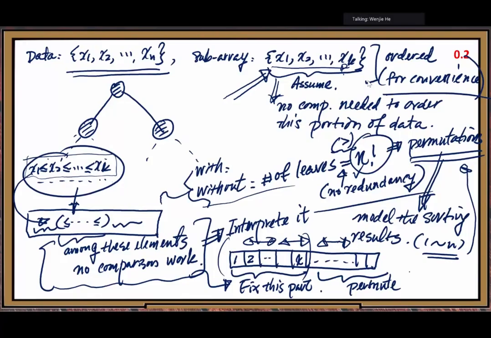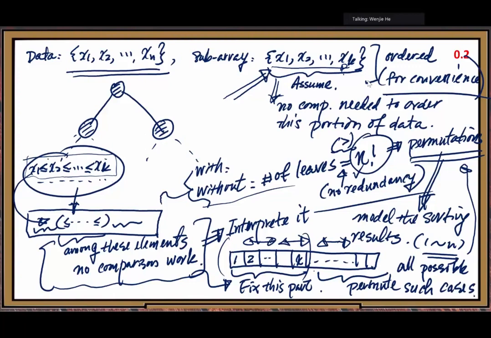Actually, it is more than that, because this is a special case. It does not cover all possible cases. When we talk about permutation, we need to consider all possible cases.